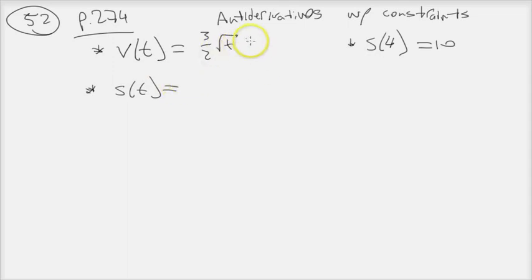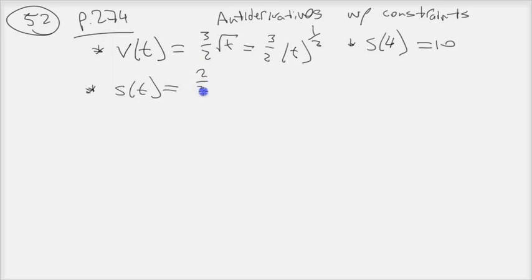And remember, we can write that square root, that radical, as an exponent. 3/2 t to the 1/2, and that just makes things a little bit easier to think about. So, 1/2, we add 1 to 1/2, and that makes it 3/2. And we need to divide it, and so that would mean that we're multiplying by 2/3 out here.